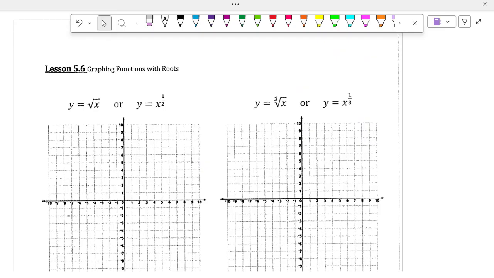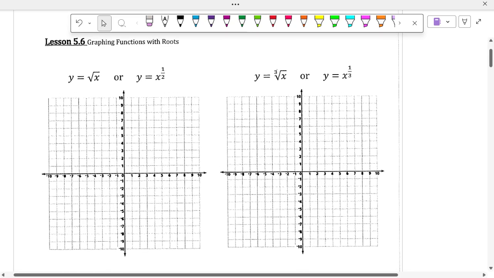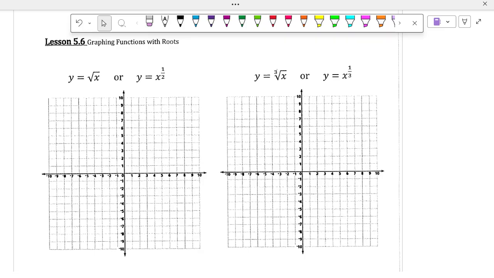So the inverse graph of square root of x would be x squared, or a quadratic graph. What about cube root? What do you think the opposite or inverse graph would be? X cubed. All right. So what we're going to do first is graph our graphs by hand first.